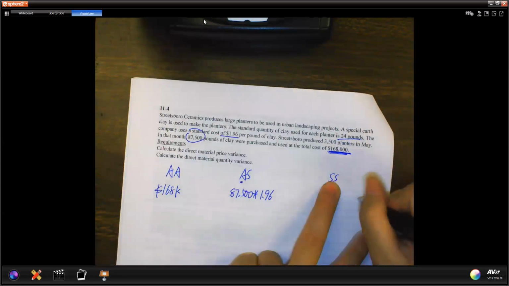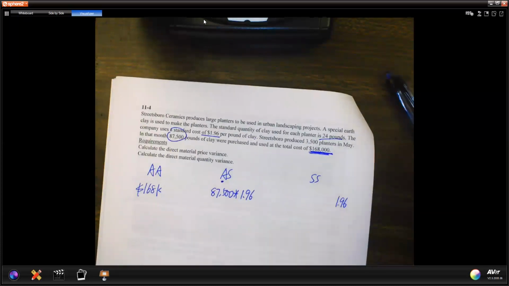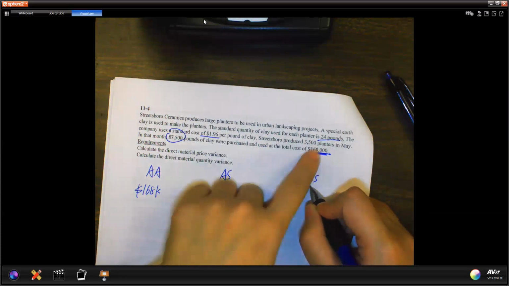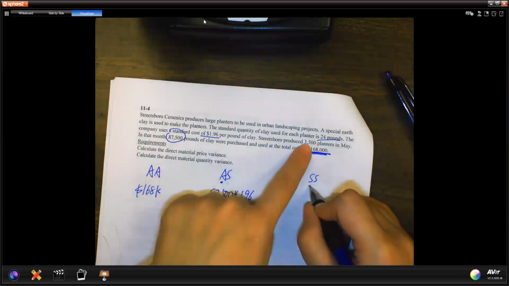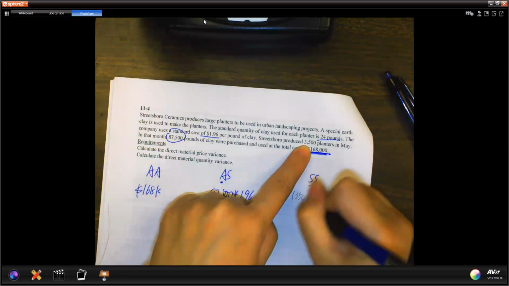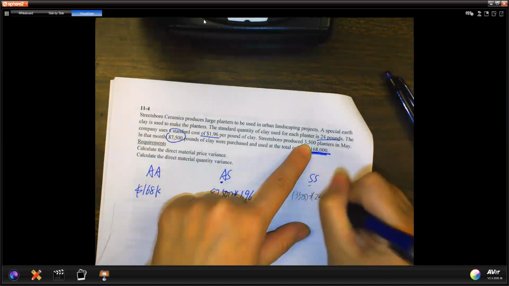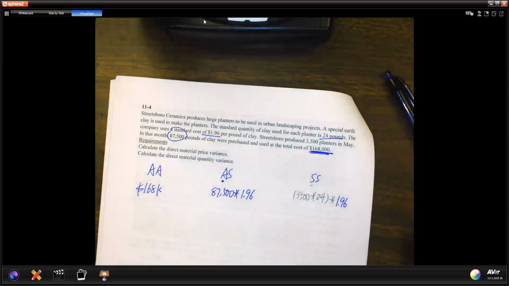So when I put 1.96, I also put it there, and I have to calculate my standard pounds. We actually produced 3,500 planters. Each planter I should have used 24 pounds based on the standard. So if I do all the things there, I should get the numbers correct.